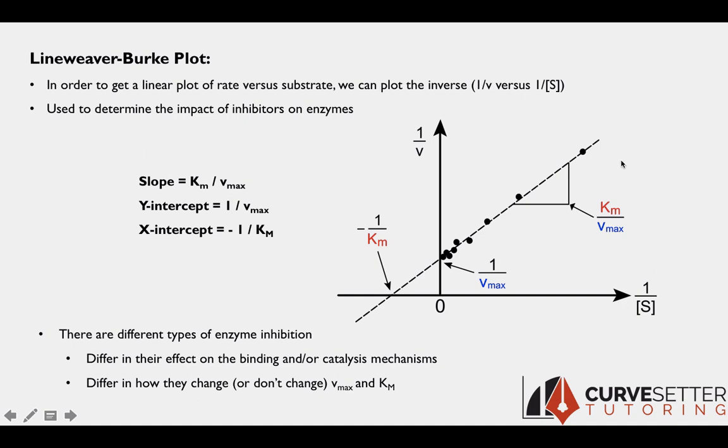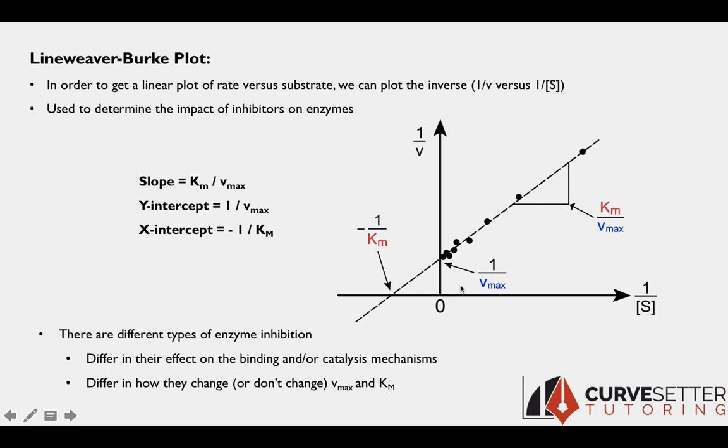So this specifically is used to determine how inhibitors impact the Vmax and the Km value of enzymes. So you're going to be very familiar with this. If you were doing an actual experiment and plotting the Lineweaver-Burk plot, you'd only have dots in this quadrant of the graph, right? Because you're not going to have a substrate concentration that's negative.